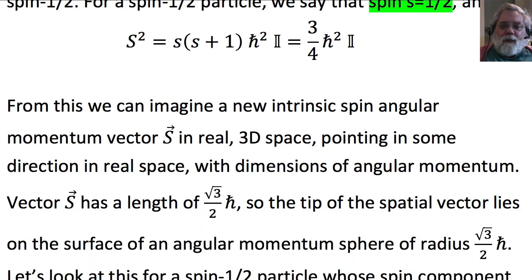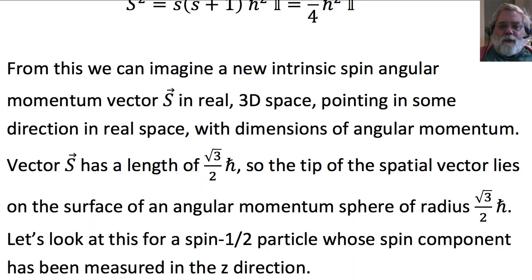From this, we can imagine a new intrinsic spin angular momentum vector, S vector, in real three-dimensional space. So it's a vector in three-dimensional space pointing in some direction in real space with dimensions of angular momentum, but each of its components is then a quantum mechanical operator.